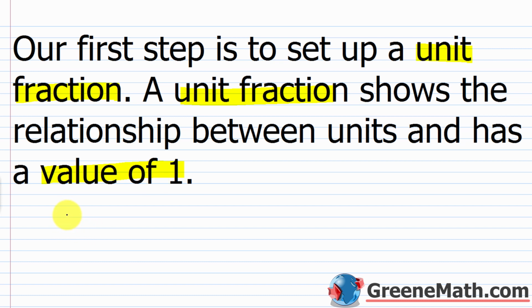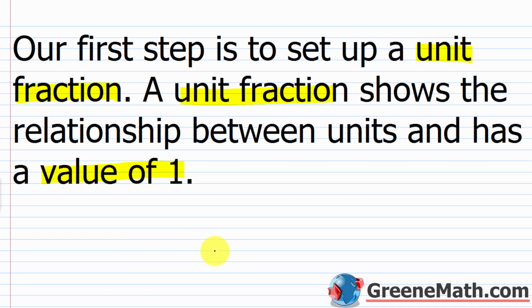If I take the number 4 and I multiply by 3 over 3, this is a complicated form of 1. So 4 times 3 is 12 over 3. 12 over 3 is the same thing as 4. If I do the division, 12 divided by 3, I get 4 back. So it's going to be the same thing here. We're going to be multiplying by a complicated form of 1.